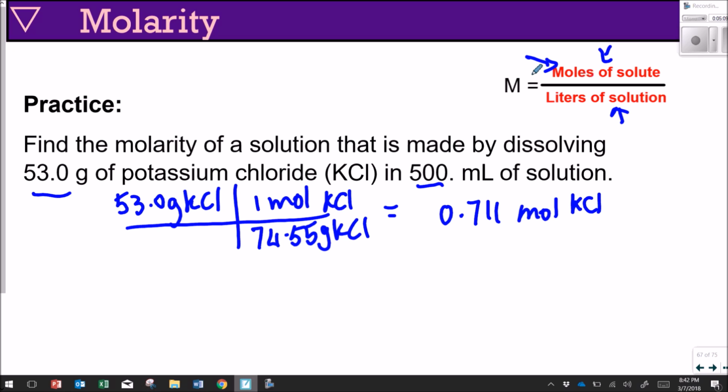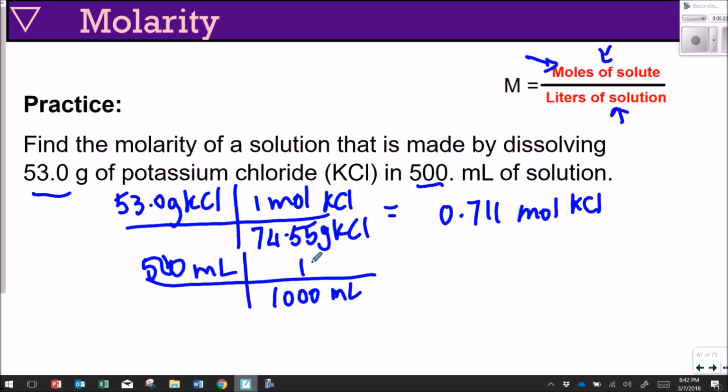Then I have to convert 500 milliliters to liters. So 500 milliliters, and I say that 1000 milliliters is 1 liter. And I get 0.500 liters. Now I'm ready to plug into my formula.